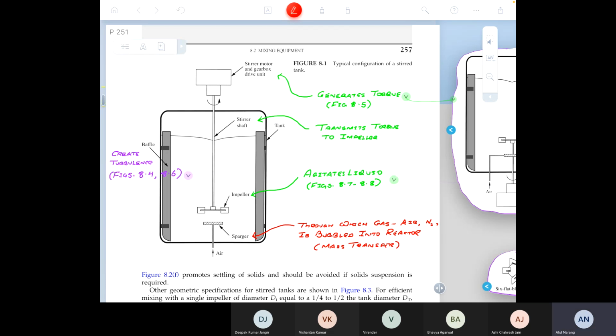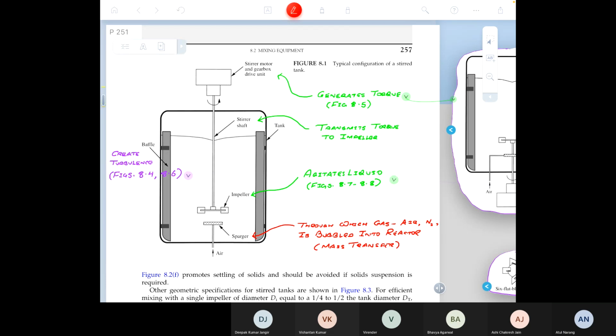This is figure 8.1 of Doran, and basically what it shows are the main components of a bioreactor. At the top is the stirrer motor and gearbox drive unit. This is the unit with a motor inside it that generates the torque.